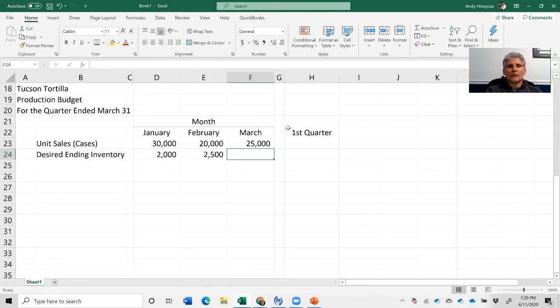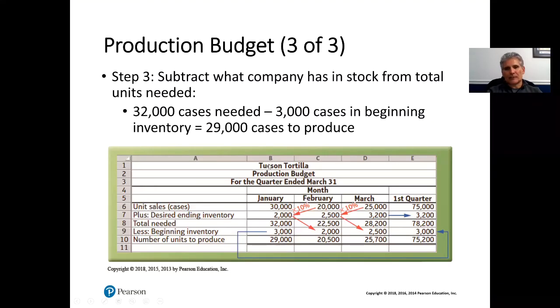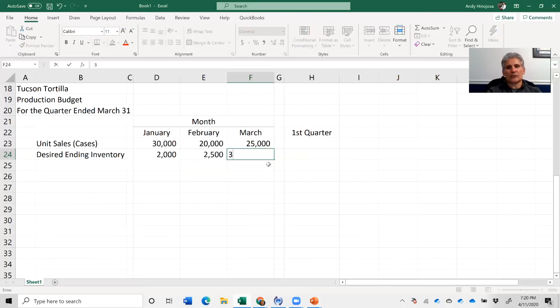Now for March, we don't have in front of us right now what is the projected sales for April, but we can cheat and see what it looks like. It looks like we wanted 3,200. So I bet our projection for April was 32,000. But you'll have to be given that in the homework.